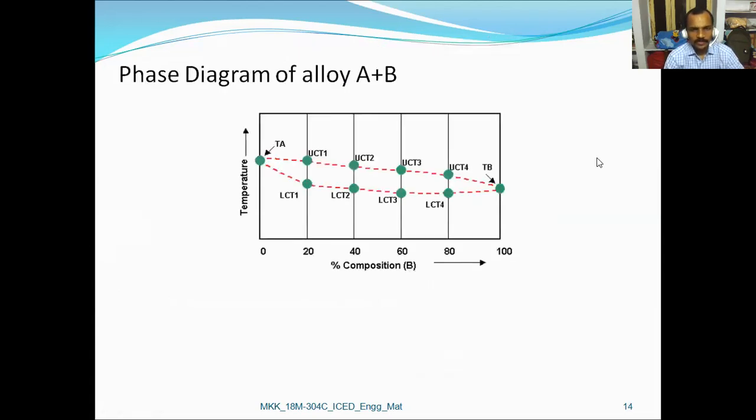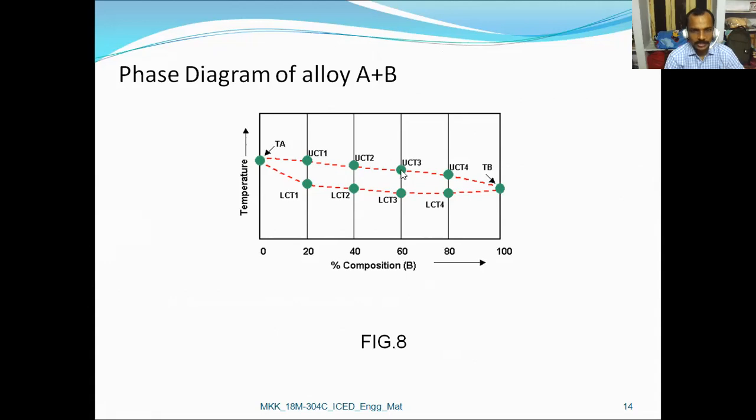So here, whenever we observe the phase diagram, depending upon the composition, instead of time, we are going for the composition 0, 20, 40, 60, 80, and 100, and the vertical axis is temperature. So LCT1 and UCT1, LCT2 and UCT2 both are on the same vertical line.